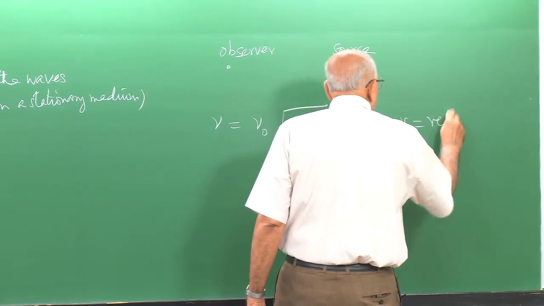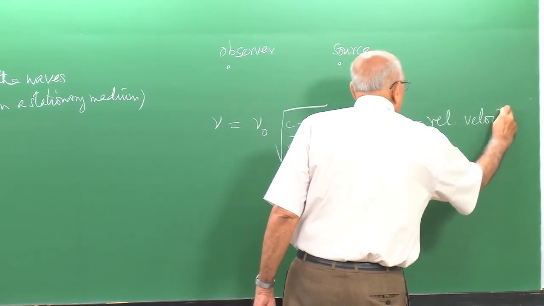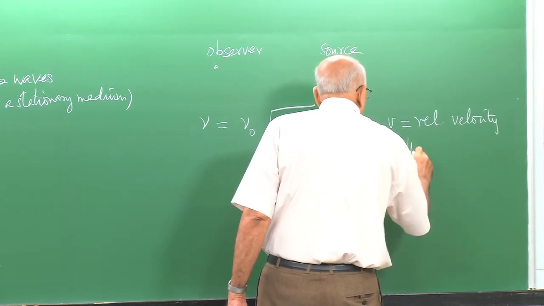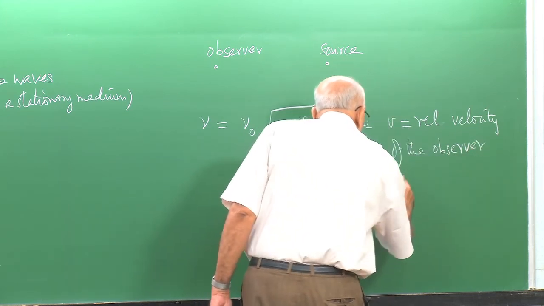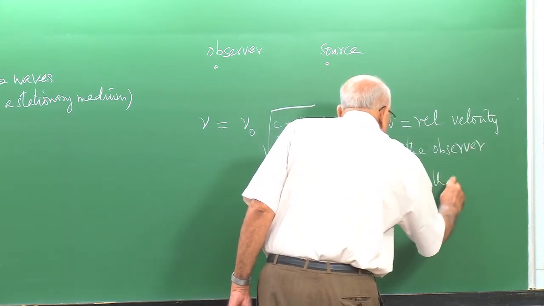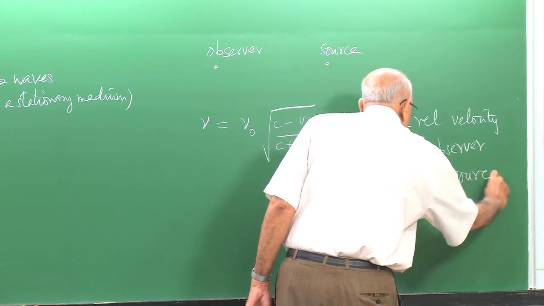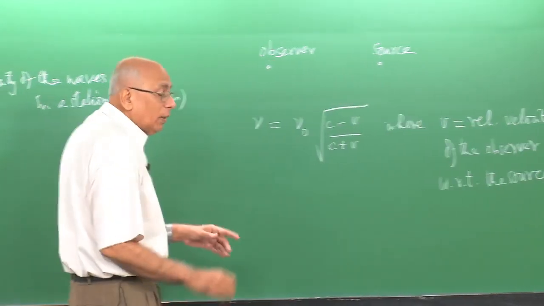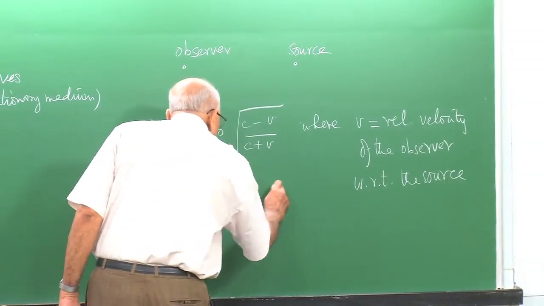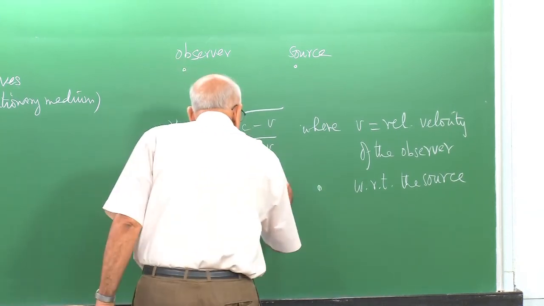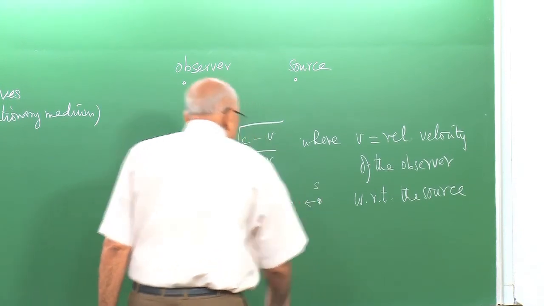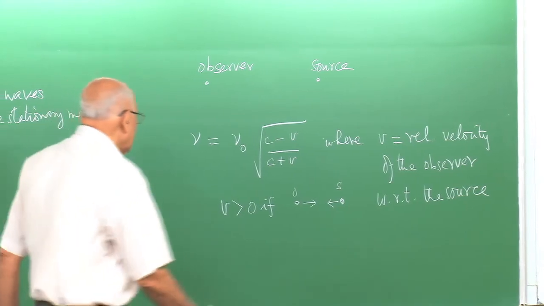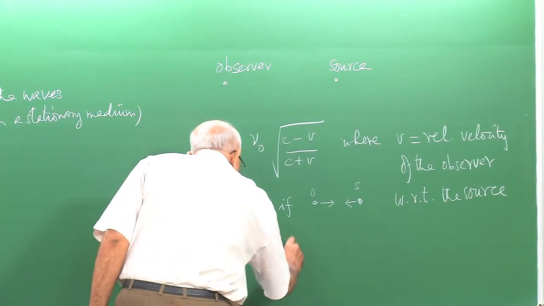v equals the relative velocity of the source or of the observer with respect to the source, and all we need to know is we do not care which of the two is moving. v is greater than 0 if the source and observer, here is the observer, here is the source, are moving towards each other in this fashion, it does not matter which of them moves, and v is less than 0 if they move away.